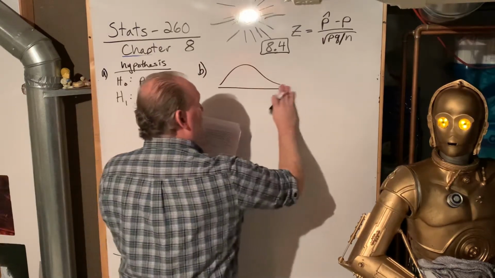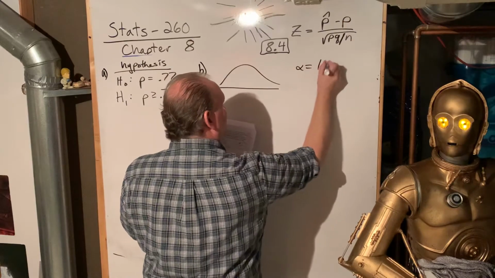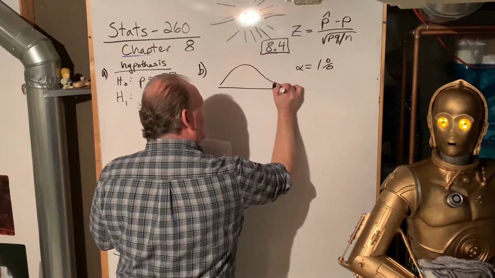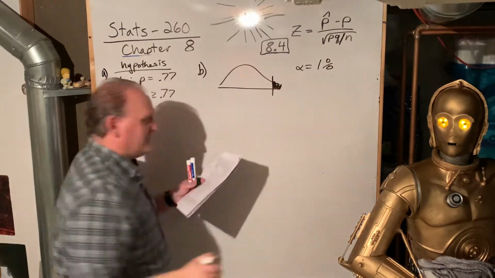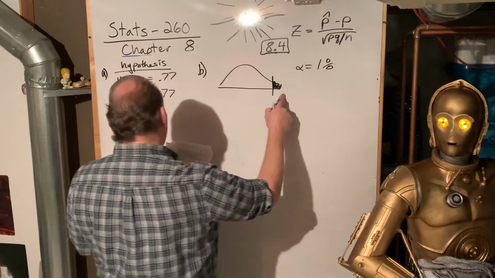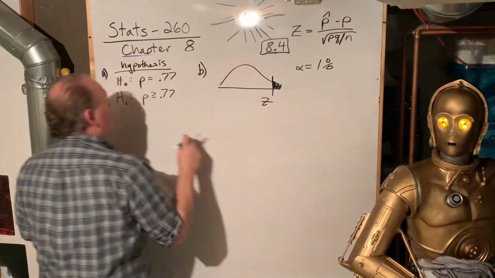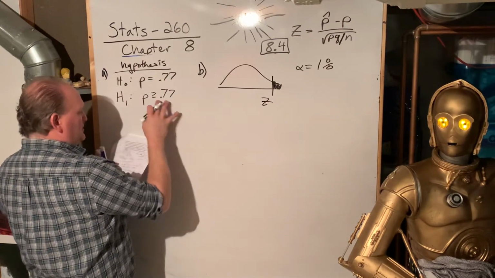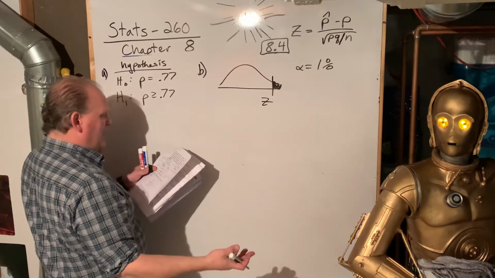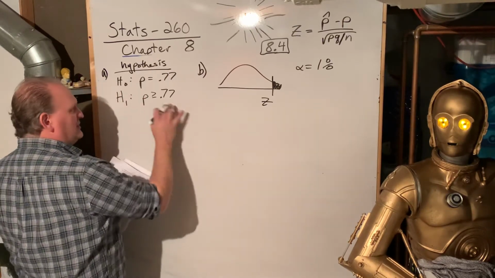Alpha is 1%. We look that up on our chart. 1%, one-tailed test. And now normally we said greater than or equal to because he said at least 77%. But in reality, we don't have an equal to in this.